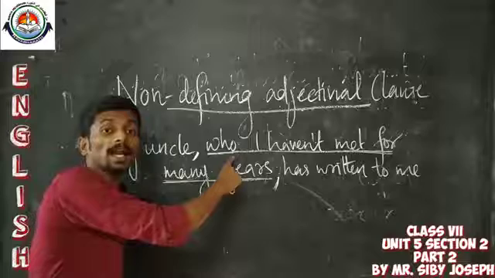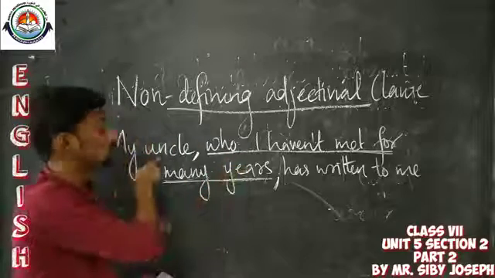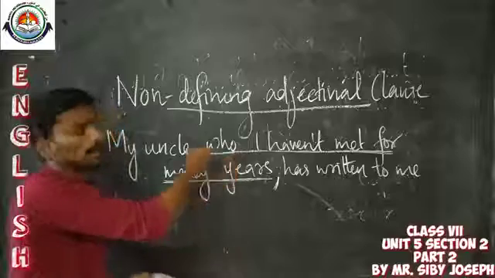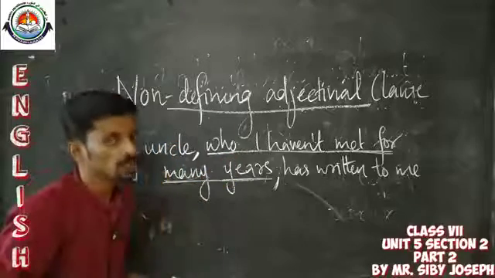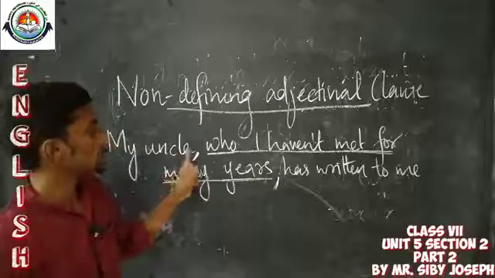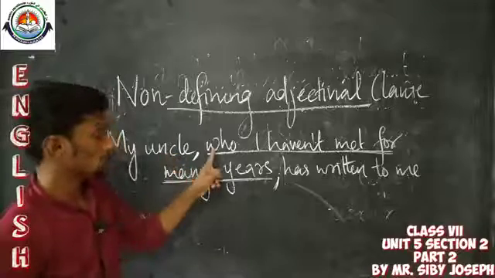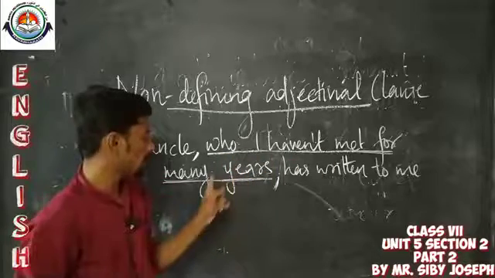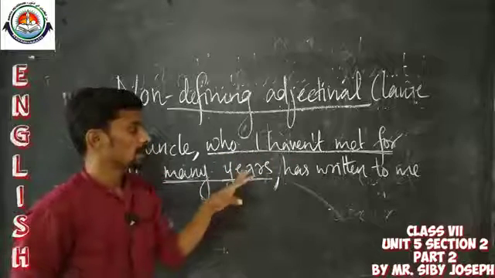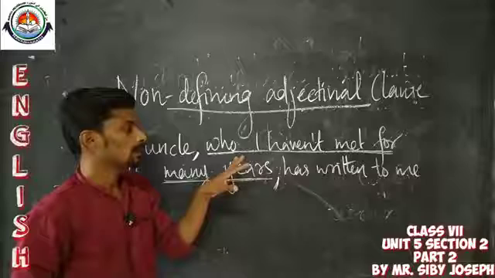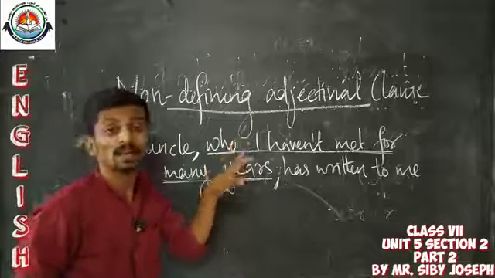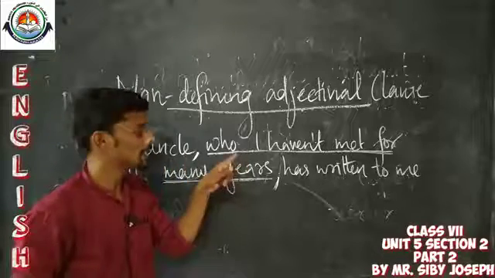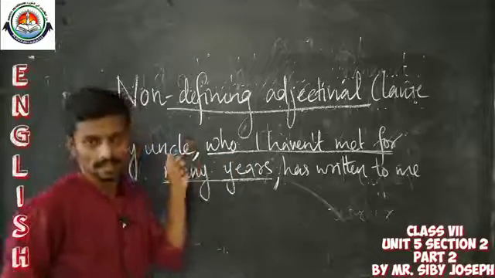Instead, it gives some additional information about the person, or about the noun or the subject. Here it is said, my uncle, who I haven't met for many years. Who I haven't met for many years is additional information about this subject. But at the same time, it doesn't say which person this is.